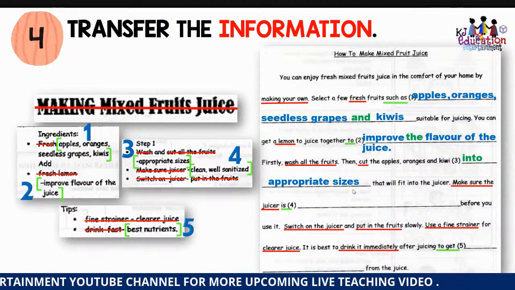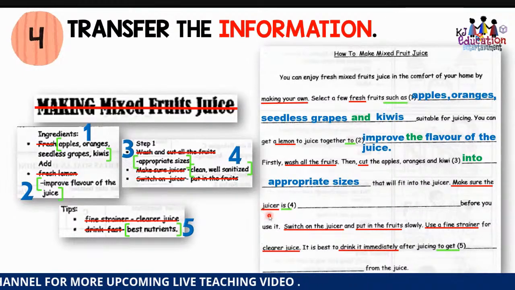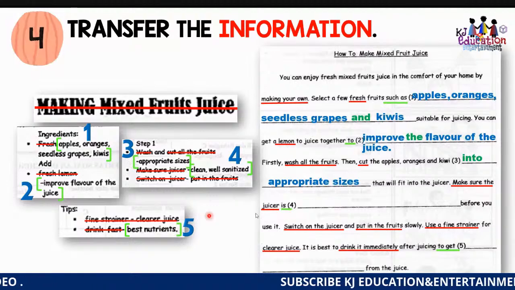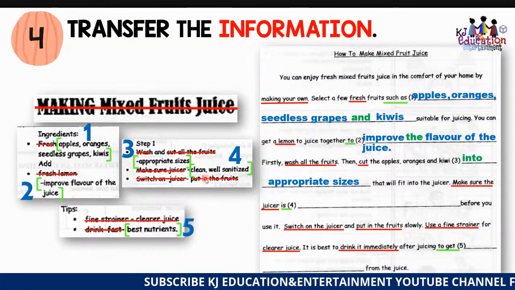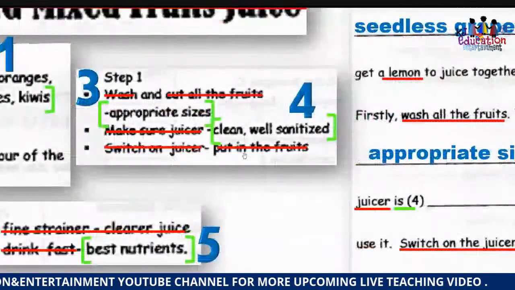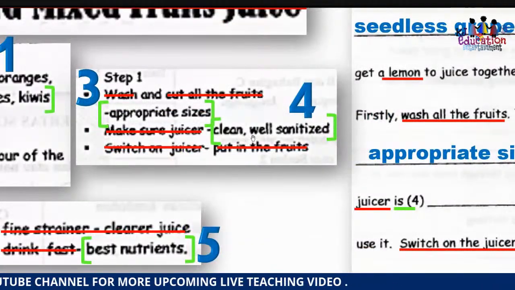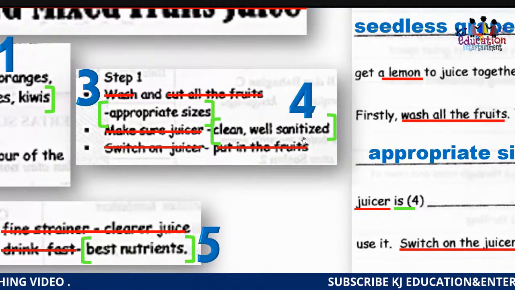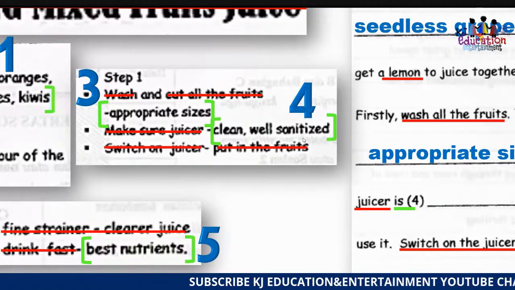Okay, let's go to number 4. Make sure the juicer is what? What do you think it is? Okay, now I'm going to zoom in again here. I want you to look at this. So we have the word clean, comma, well sanitized. So what is the comma going to be there?